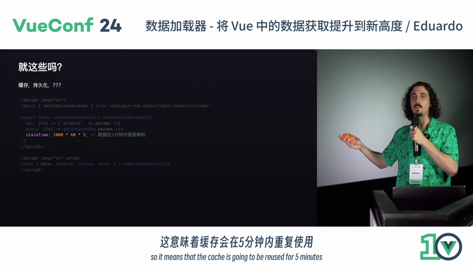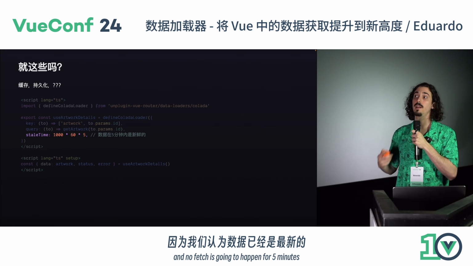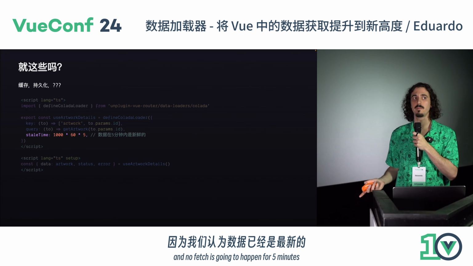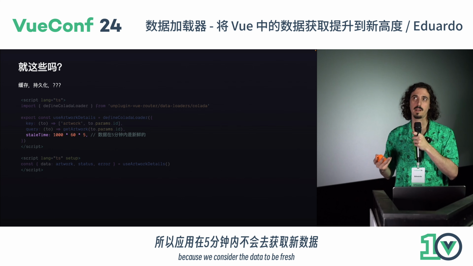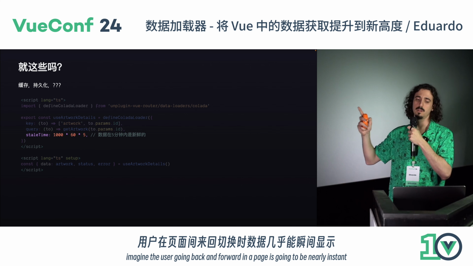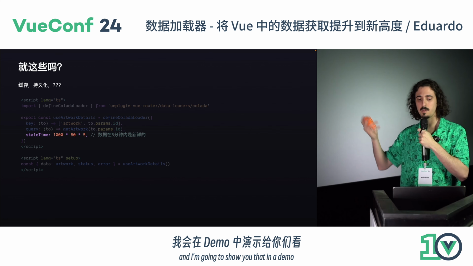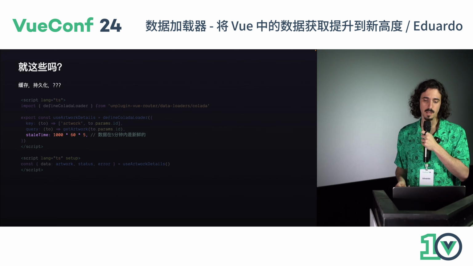So it means that the cache is going to be reused for 5 minutes, and no fetch is going to happen for 5 minutes because we consider the data to be fresh. So we're going to be much, much faster. Imagine the user going back and forward in a page is going to be nearly instant. And I'm going to show you that in a demo.